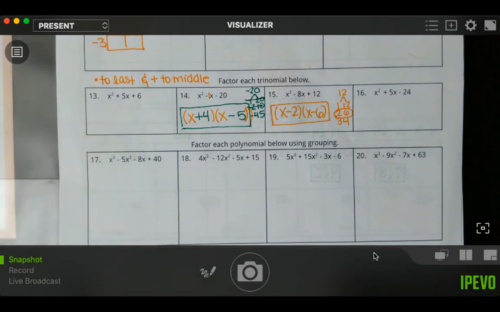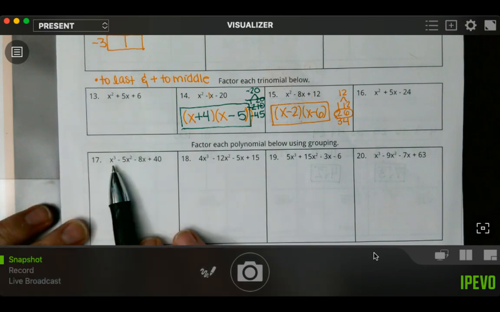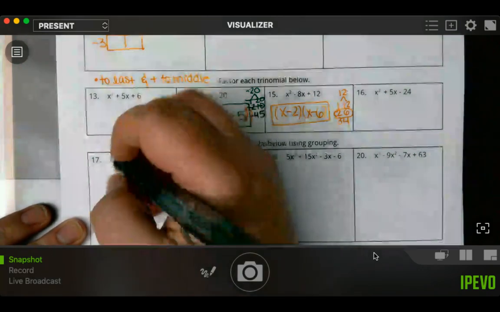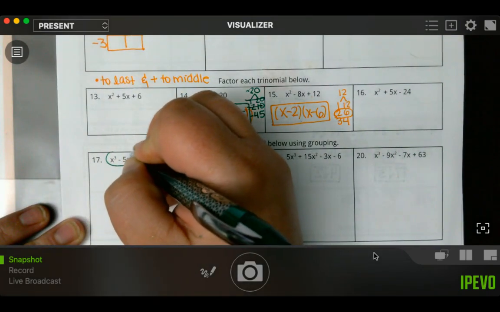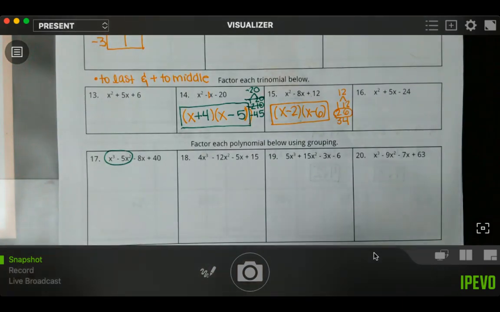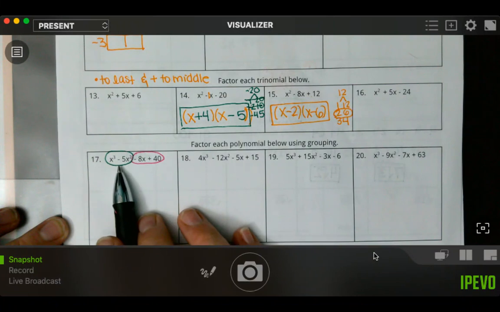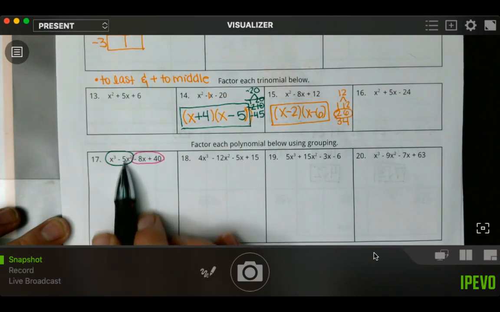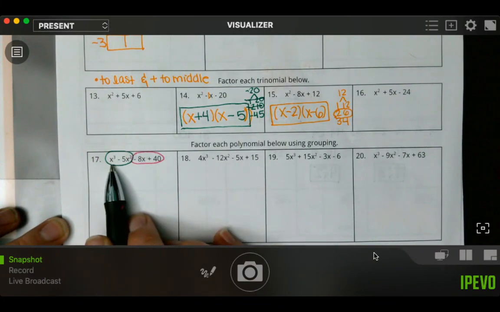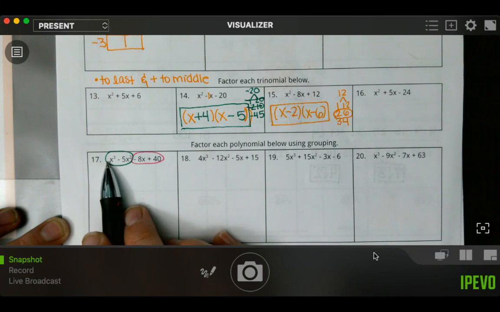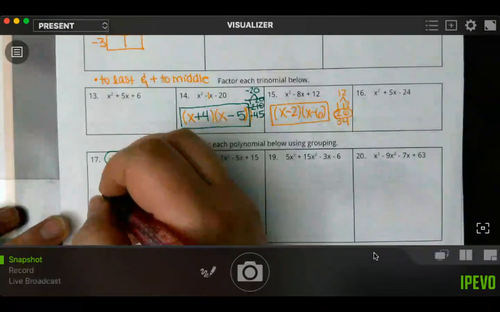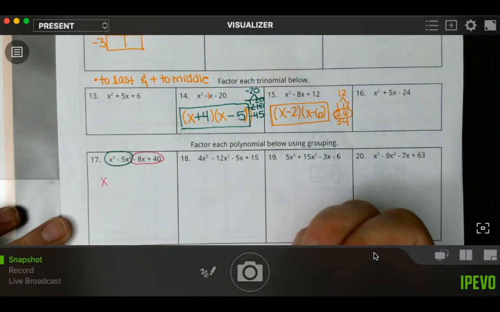Now let's go over factoring by grouping. Over here, we're going to group together the first 2. And then we're going to group together the second 2. That's what grouping means. For the first 2, you need to decide the biggest thing you can divide both of these by. There's no number over here in front, so there's no number on this, but I can divide them both by x.